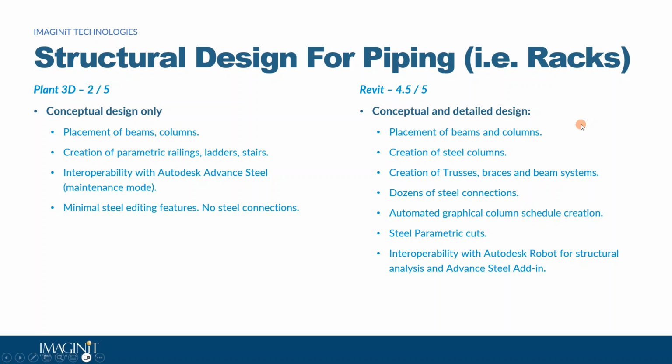So with a click of a button, you get the column schedule created for you in Revit. You can do steel parametric cuts. There's interoperability with Autodesk Robot for structural analysis. So this is engineering software that Autodesk provides and comes with the AEC collection. And you also have the Advanced Steel add-in, so you can install that for interoperability with Advanced Steel.